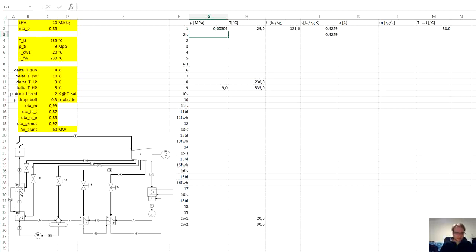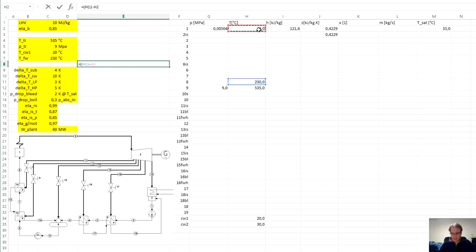We have 5 feedwater heaters, and the overall temperature difference that we want to heat up is 230 minus 29, which is, let's put it somewhere on the side, 230 minus 29 divided by 5 parts, because we want approximately similar heating up per each feedwater heater.